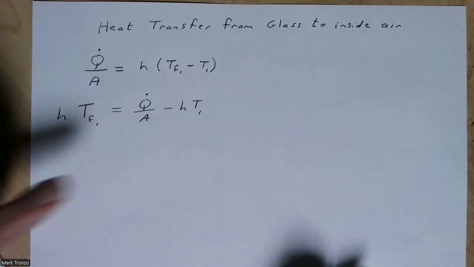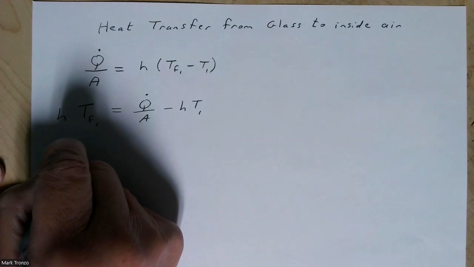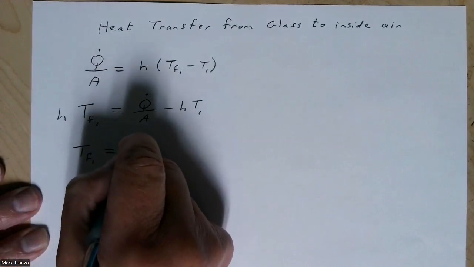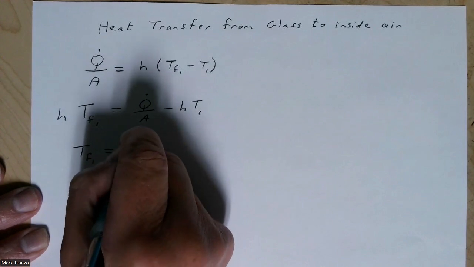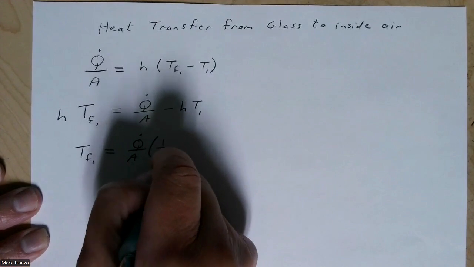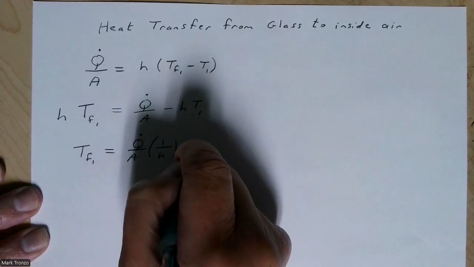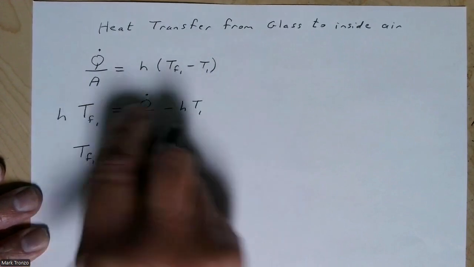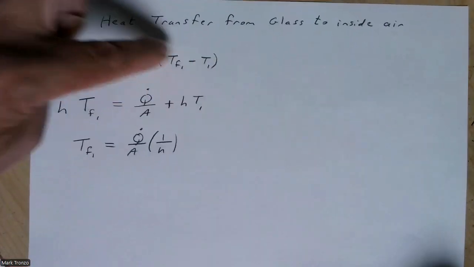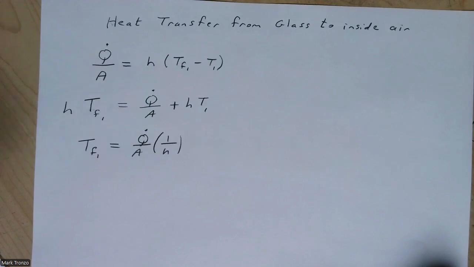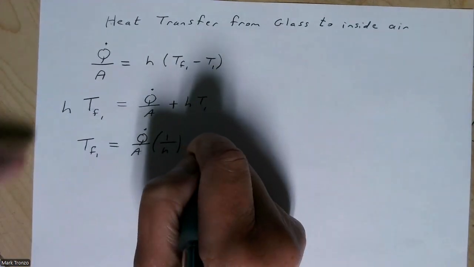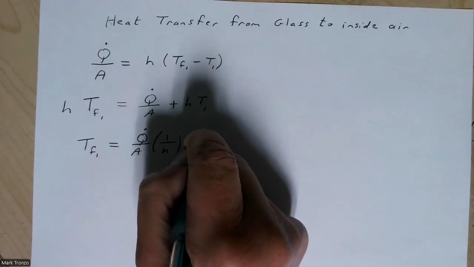Oh, excuse me, when I brought it to the other side, this should have been a positive right there, because I multiplied by this and brought it to that side. But we divided by the h, so that'll go away.